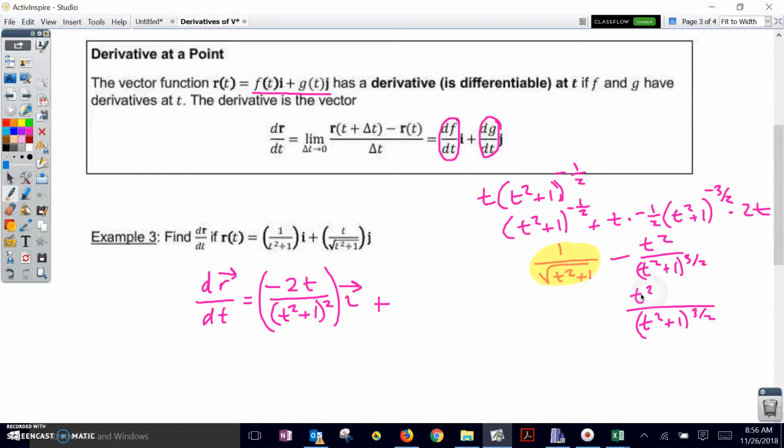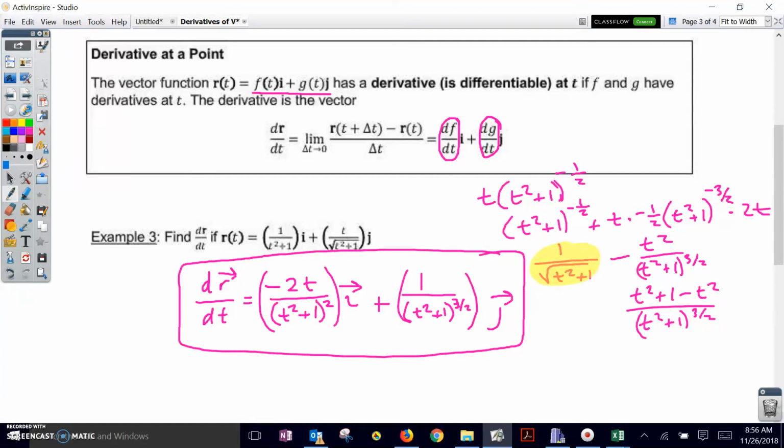So this turns into t squared plus 1 minus t squared. And so it ends up just being 1 over the quantity (t squared plus 1) to the 3/2 j. And there's the derivative of that vector-valued function.